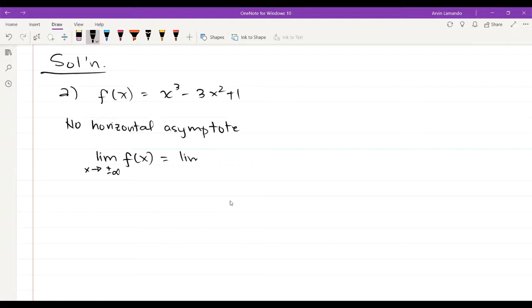We can write this as, factoring out x cubed, x cubed times 1 minus 3 over x plus 1 over x cubed as x approaches positive or negative infinity. So this is positive or negative infinity times 1.